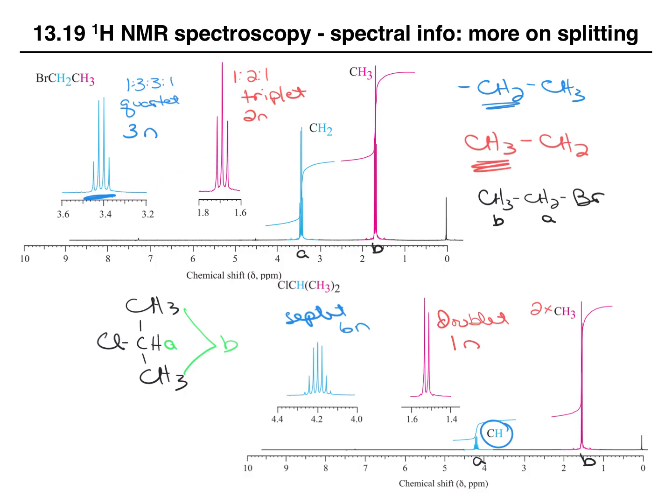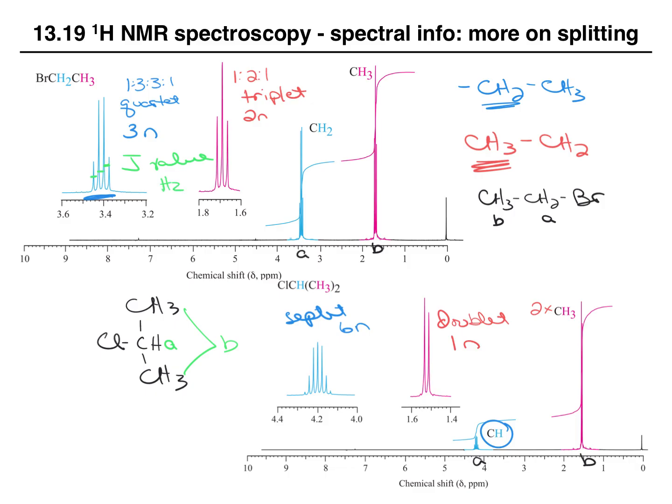So when we think about the size of that little gap here or here or here, that is the J value, also called the coupling constant. The J value is given in Hertz.